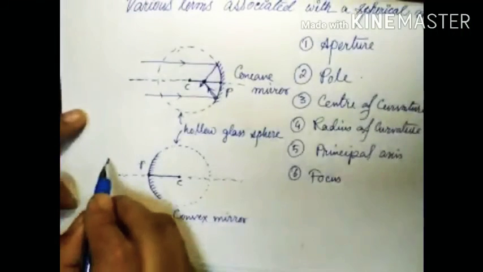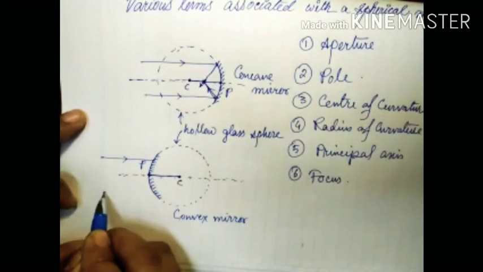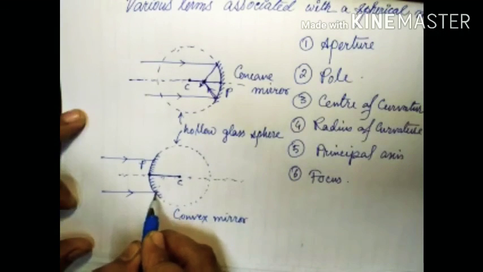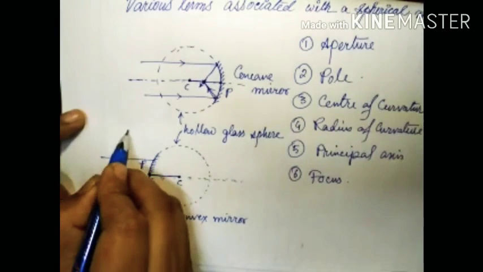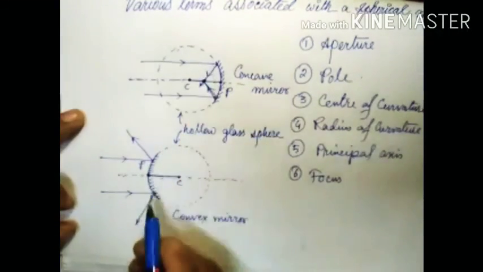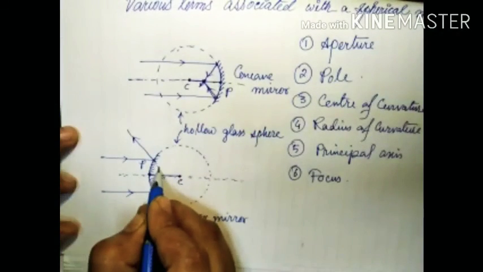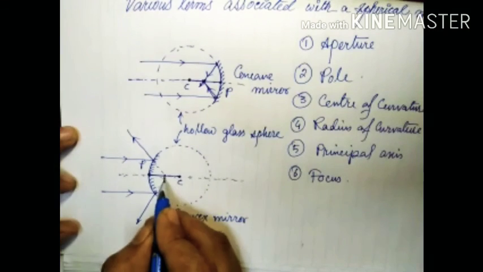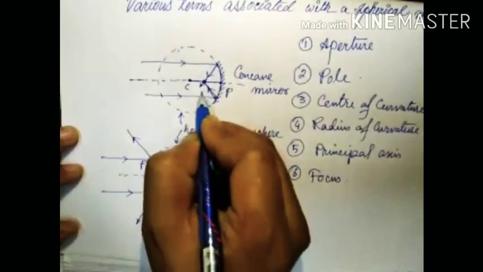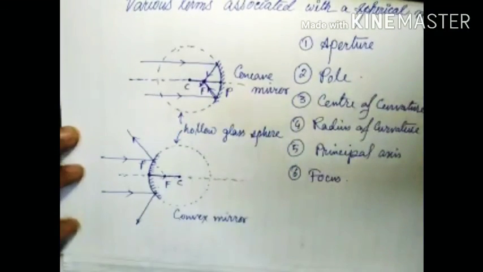For the convex mirror, the parallel rays after reflection seem like they are coming from a point, diverging from a particular point. Here they are converging, and here it is diverging. This point is the focus of the convex mirror. Here this point is the focus of the concave mirror.